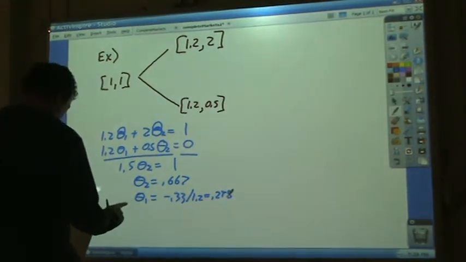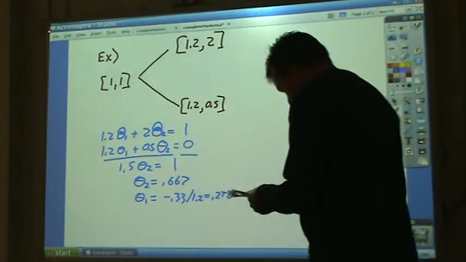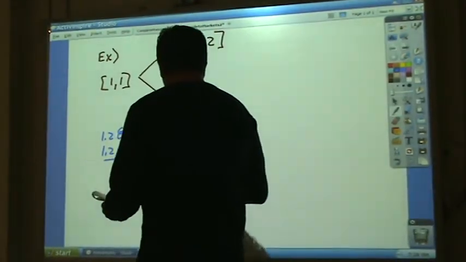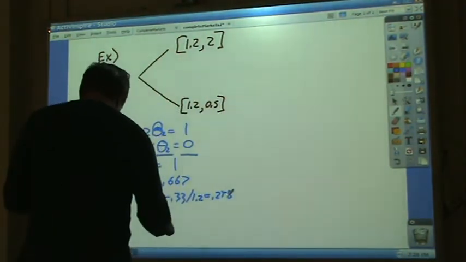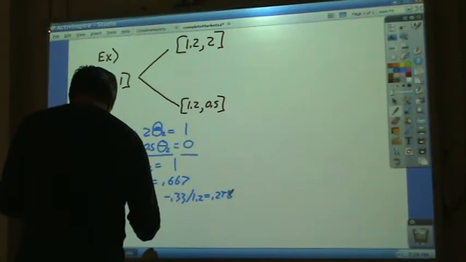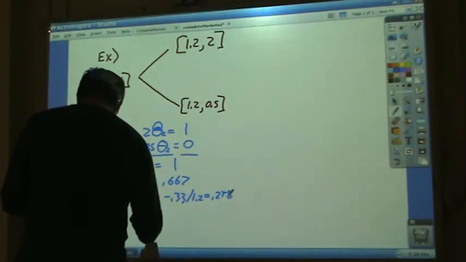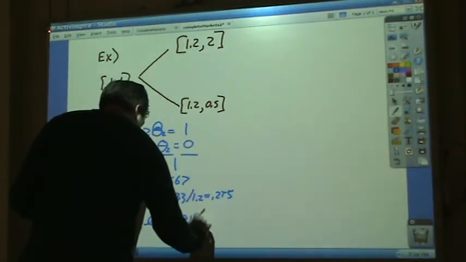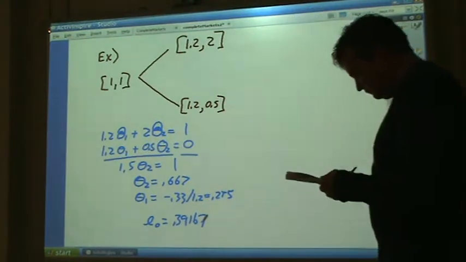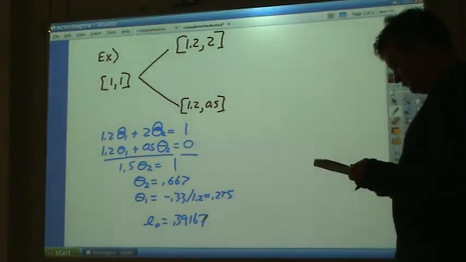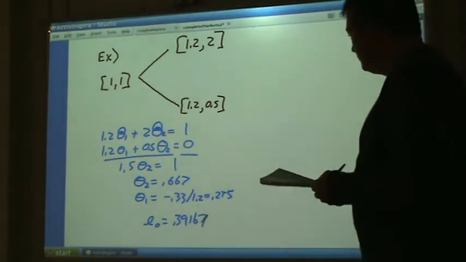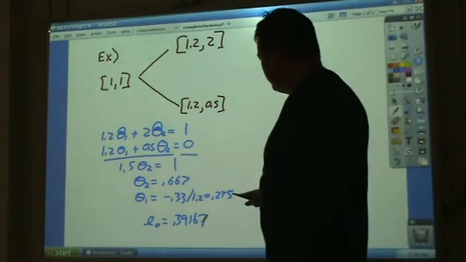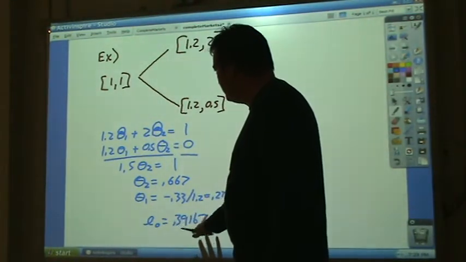So then the cost of the first elementary security, E0, would end up being 39 cents, 39.167 cents. Okay, so that would be the price of it, approximately 39 cents.